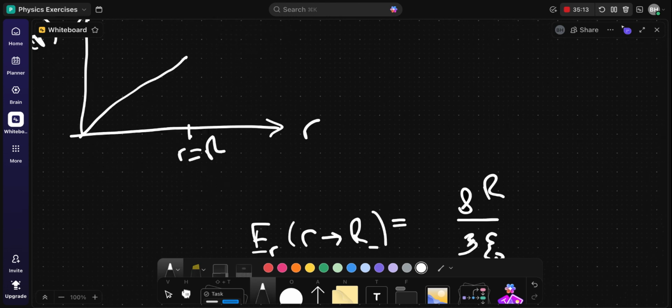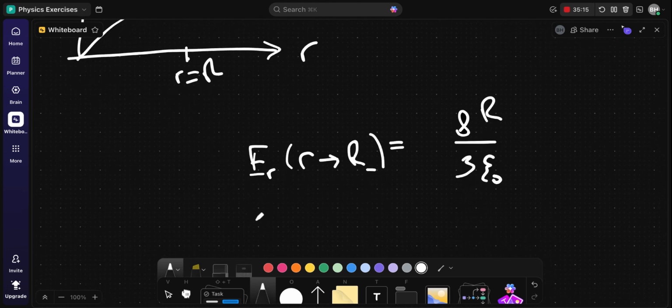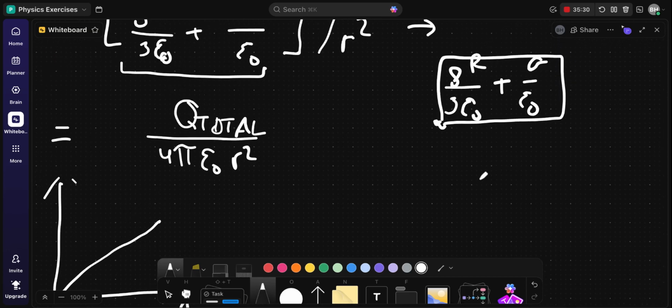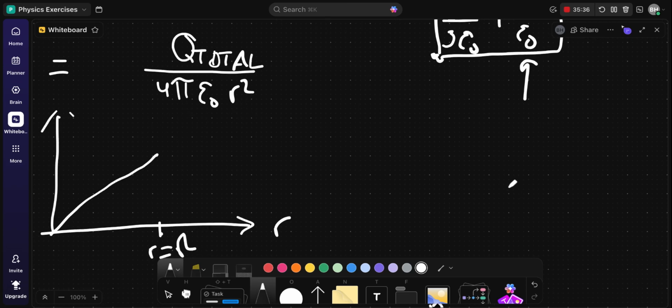Okay, so what we can say is that E(R), as r approaches R from above, that's the notation that's used for that, is one term which is exactly the same as the previous one, rho R over 3 epsilon 0, but due to the surface charge density, we get another term.